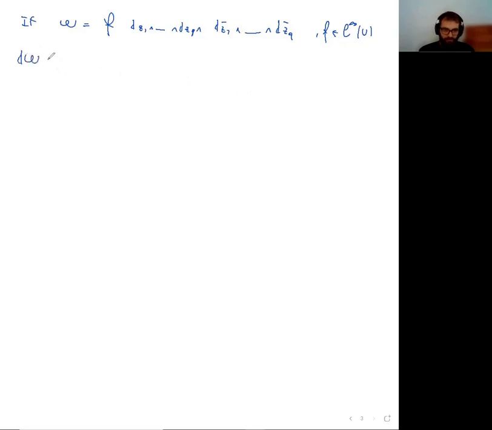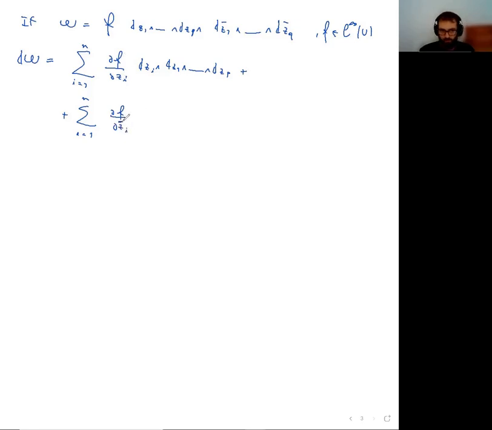Then let's try to compute the differential. So basically what you get is the sum from i equal 1 to n of the partial of f in dzi, dzi wedge dz1 wedge ... wedge dzp. Of course, if i is one of the first p, this actually becomes 0. Plus, again, the sum from i equal 1 to n of the partial of f in dzi bar.